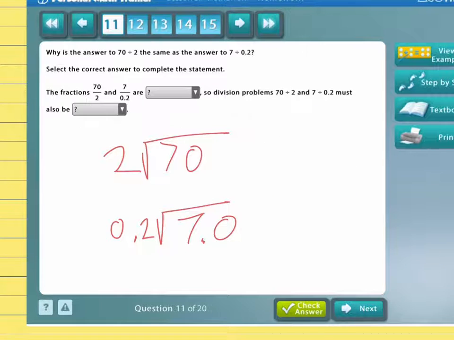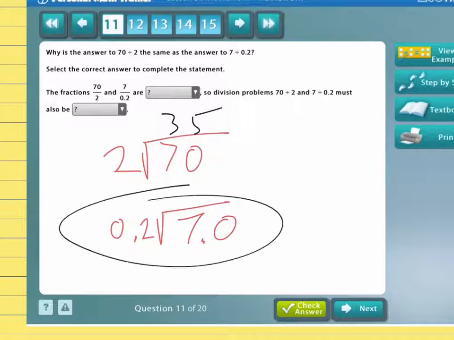So why is 70 divided by 2 the same as 7 divided by 2/10? Well, 70 divided by 2 is 35. And these are both 1/10. This here is 1/10 of each of these numbers here. So if I shift that over times 10, it's the same as 70 divided by 2 is the same as 7.0 divided by 0.2.